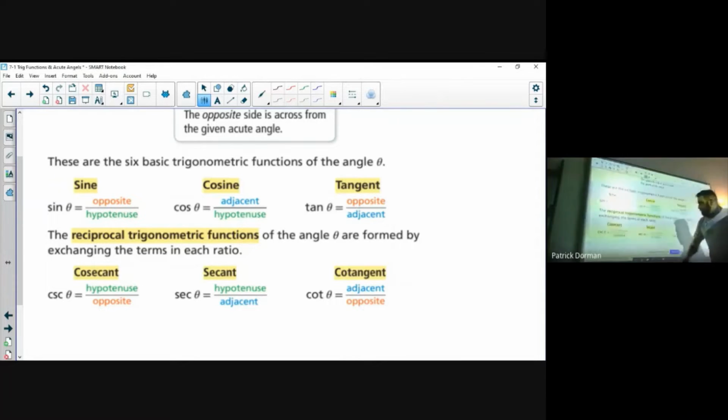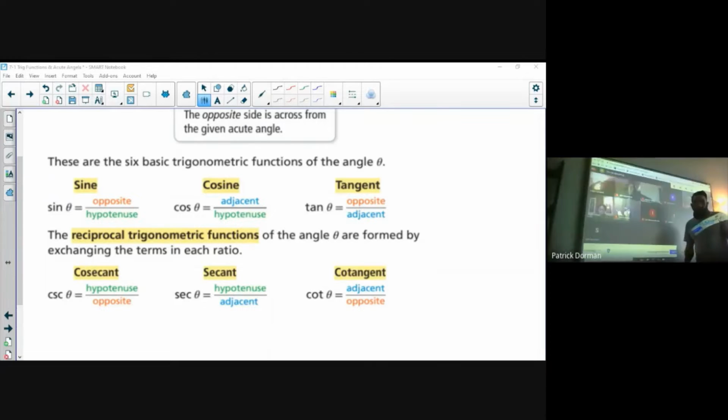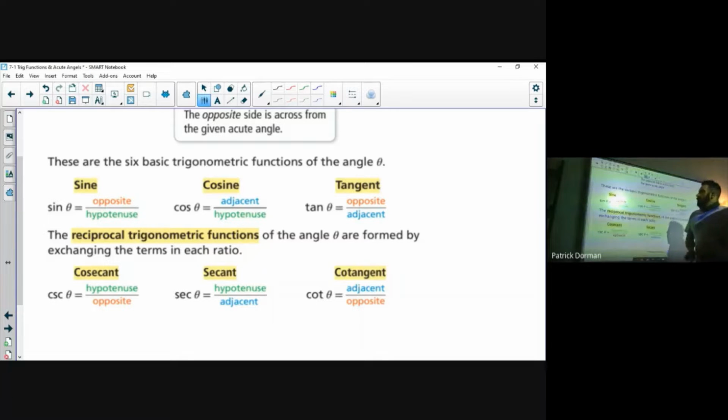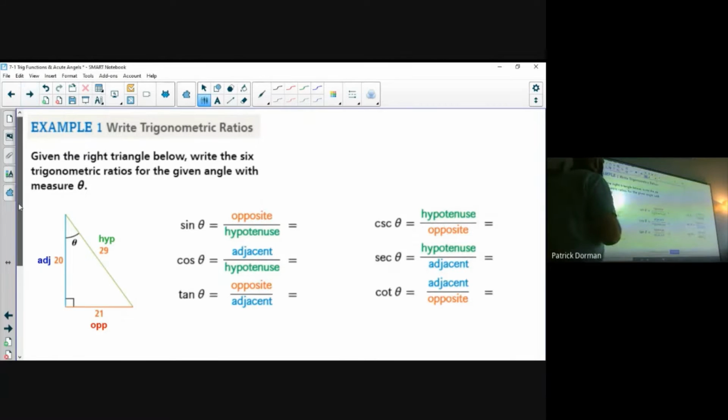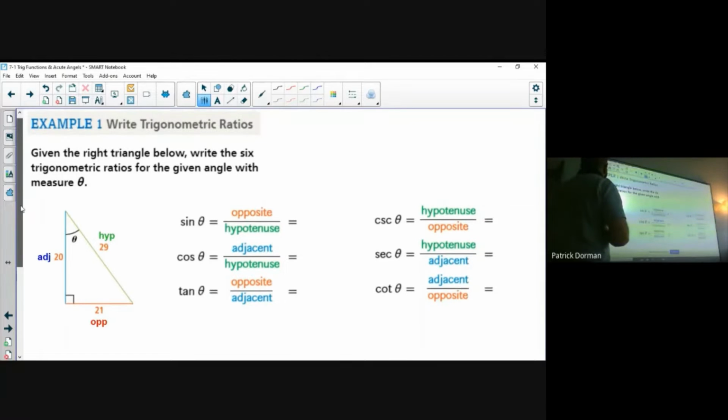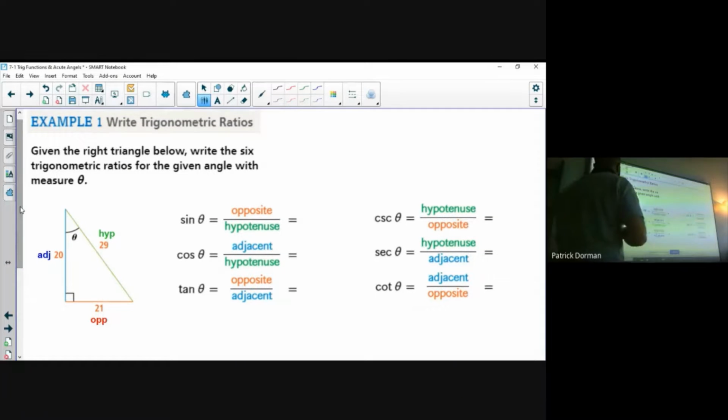I think we're ready to move forward. And here they are again. Oh my gosh, what a much better picture. But let's go ahead and actually write these.